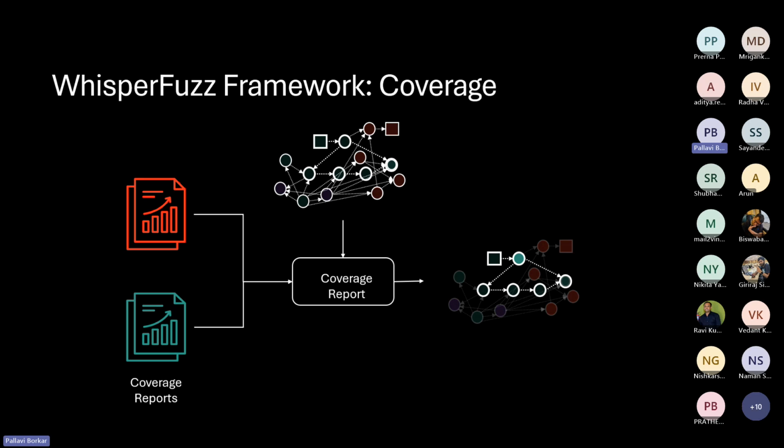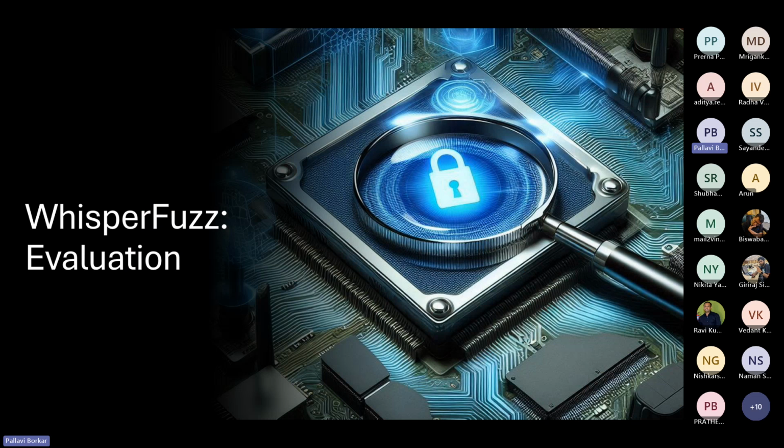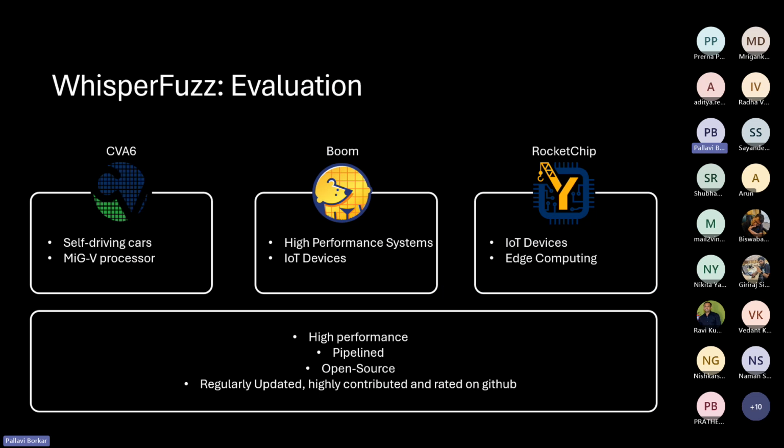So let's move on to how we evaluate our tool. We evaluated Whisper-Fuzz on three RISC-V processors: the CVA6, which has been used in various use cases, including self-driving cars and also some processors.